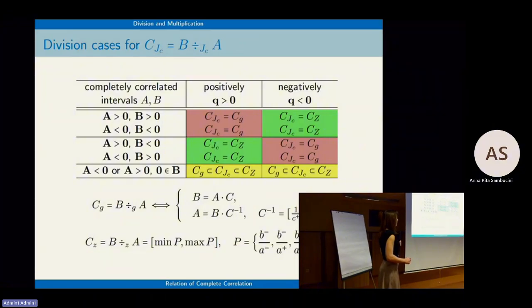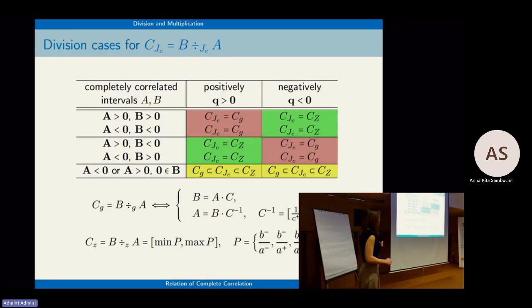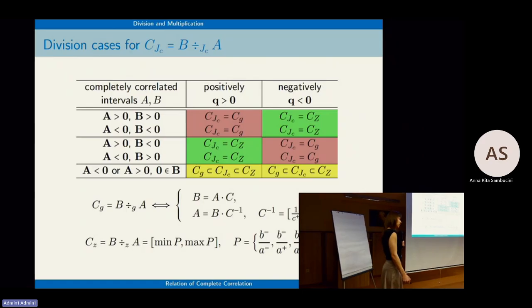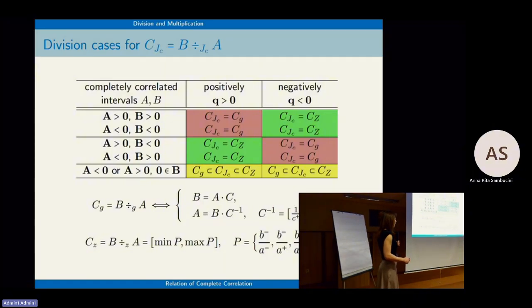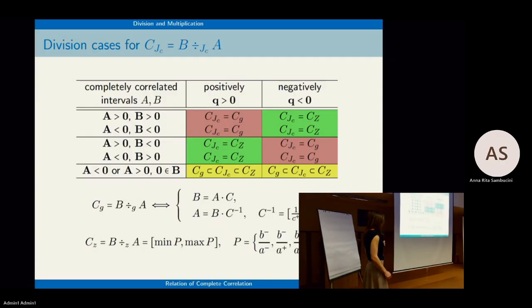And in the case when we assume the negative correlation, then the result is equal to the Zadeh division. And the opposite actually holds in the case when one interval is positive and one is negative. Then positive correlation is equal to Zadeh, and negative correlation is equal to G division.